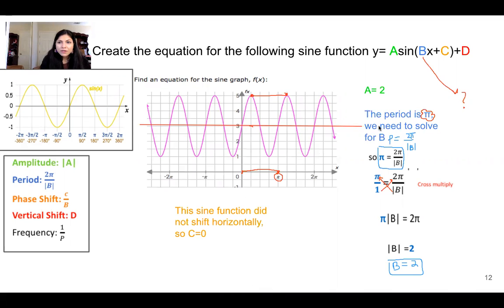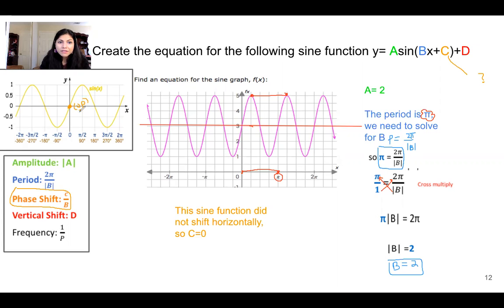let's figure out what my C would be. We already got B, so let me erase this question mark. We know that B is now 2. In order to figure out what my C term will be, I'm going to be using the phase shift equation. First off, this is my parent function, and it starts at 0, 0. Phase shift basically tells us if there's any horizontal shift.